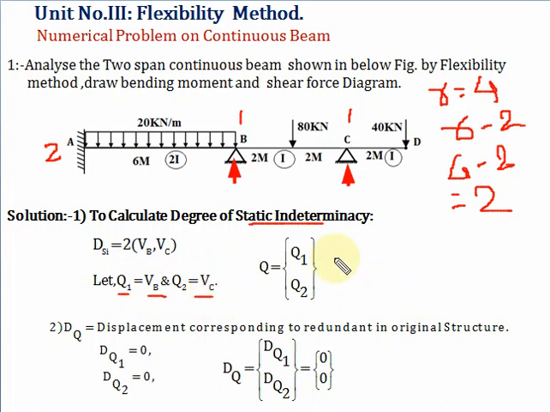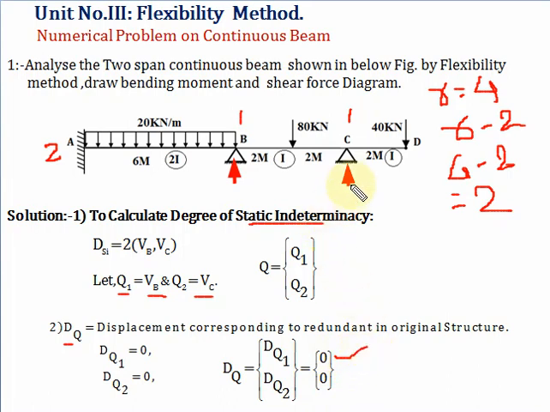Now the next step is to find out the DQ matrix. DQ is nothing but displacement corresponding to redundant in original structure. As we know, redundant is nothing but the unknowns. So our first unknown is VB, that is vertical reaction at B. At support B there is no sinking of support or spring support given, so DQ1 will be equal to 0.